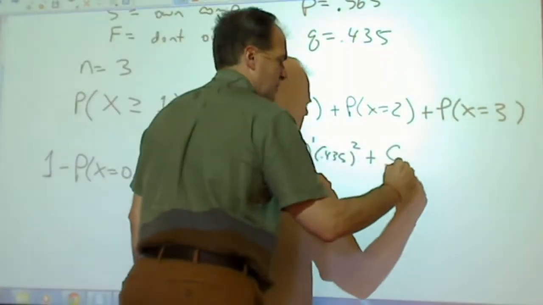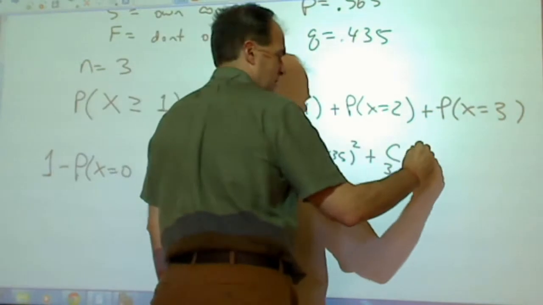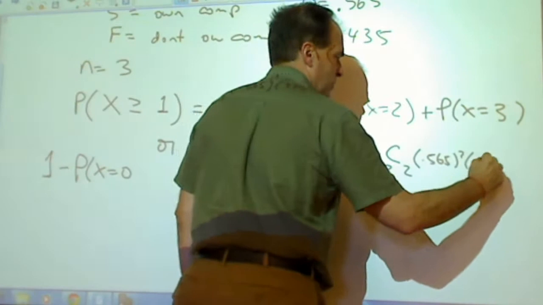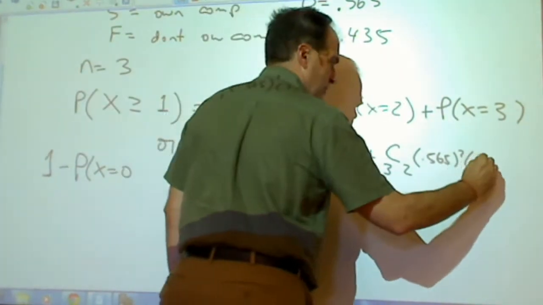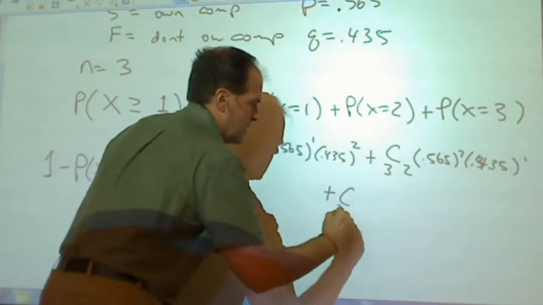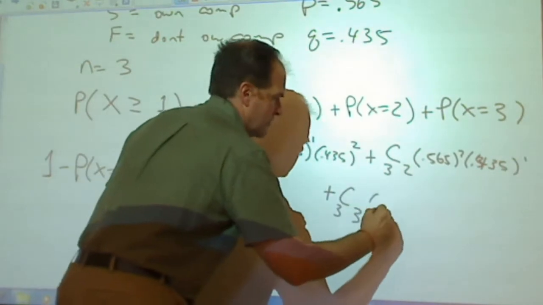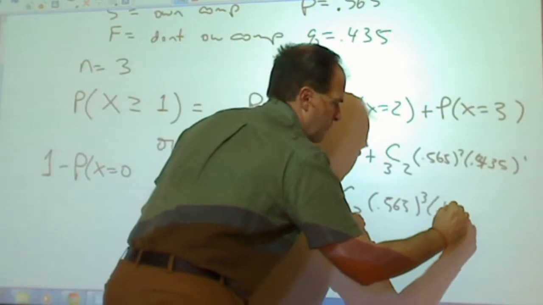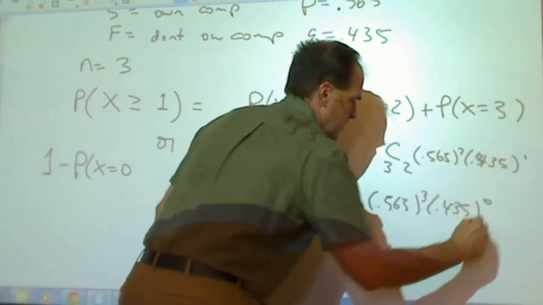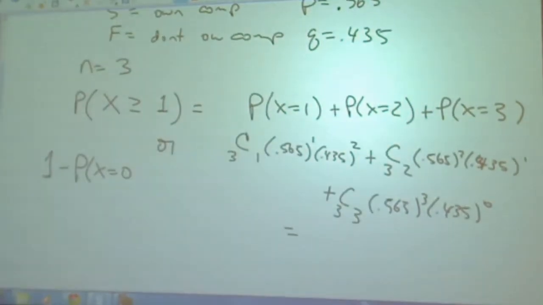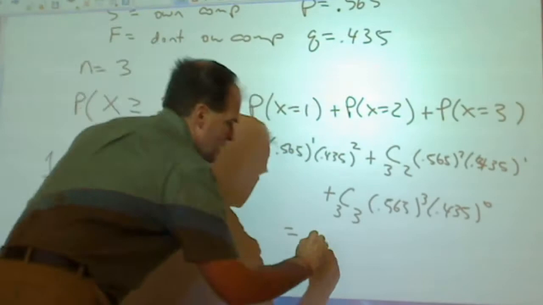Plus combination 3, here I have 2 successes, so 0.565 squared, 0.435 to the first, and then finally all of them successful. That means no failures. Okay, and when I did this, I got 0.918.